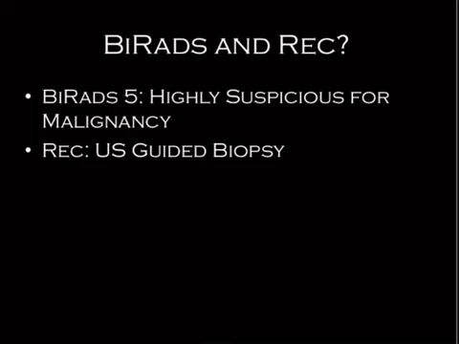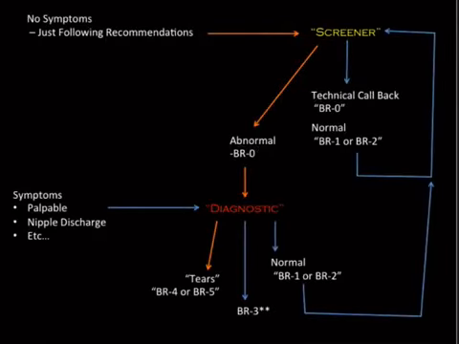So you're going to recommend biopsy, and you're going to choose the modality that you saw it best in. In this case, we saw it best in ultrasound, so that's what we're going to use to biopsy it. So we had a screener, we called it abnormal, we called them back for additional views, they made them a diagnostic, we localized it, and we did an ultrasound, and then we BR5'd it, so we sent them to the room of tears, and then we said we were going to do this biopsy by ultrasound.